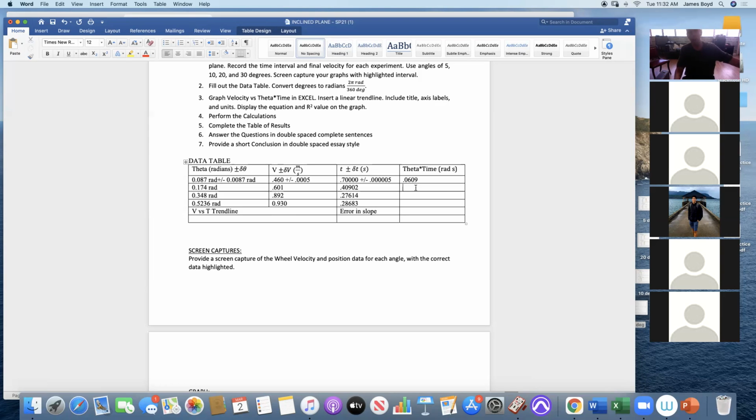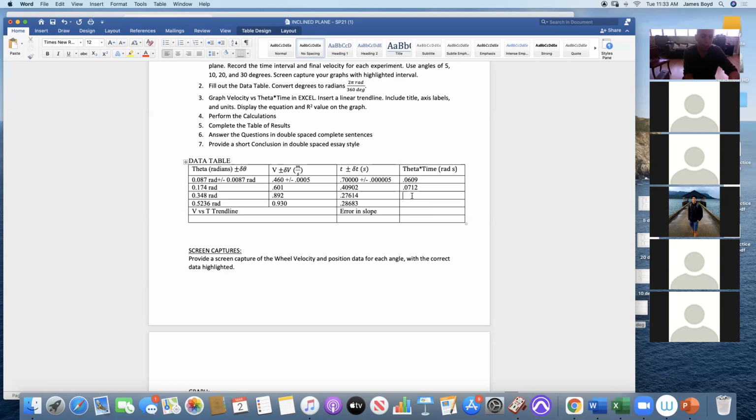So you're probably going to have to do this too. Remember, take theta times time. So 0.174 times 0.40902 is 0.0717, or 12, let's call that.